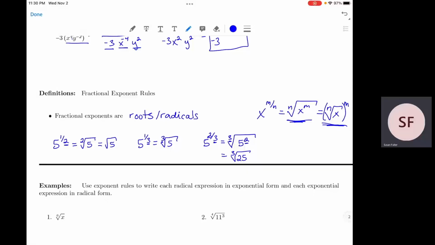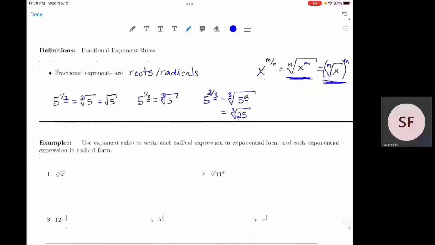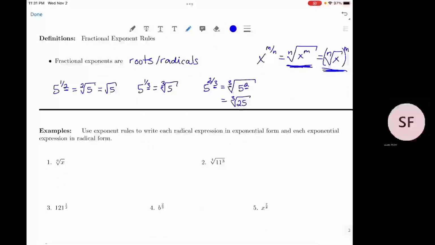More often than not, you're going to put that exponent inside. Just know that m can come to the outside like this if we need it to. We probably won't use that one quite as often, but it is equivalent, so that is a way that we can write this.